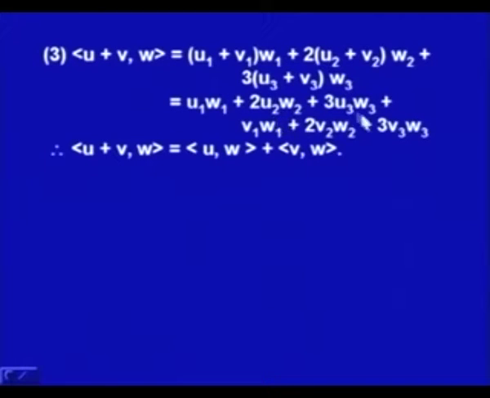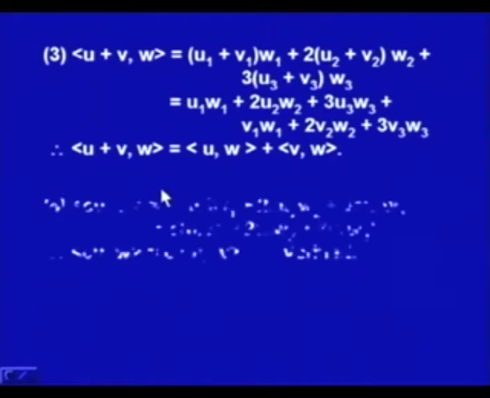That means we are reorganizing terms in this manner, and then we can easily see that the inner product of u plus v comma w is equal to the inner product of u comma w plus the inner product of v comma w. That proves the third property.